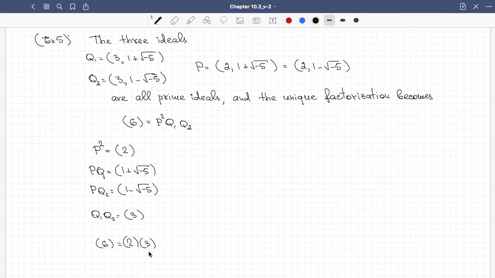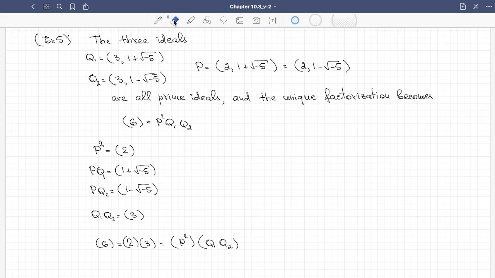So when you write 6 as 2 times 3, that's true for ideals, but these ideals are not primes. What you write is P squared Q1 Q2. This is the ideal 2. Oh, sorry.